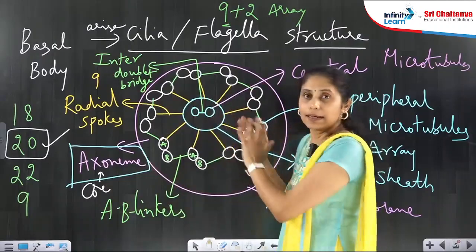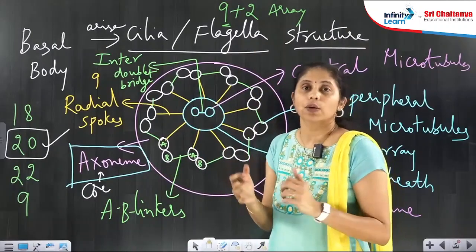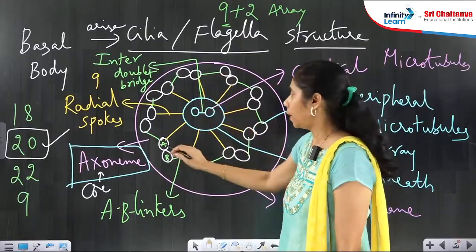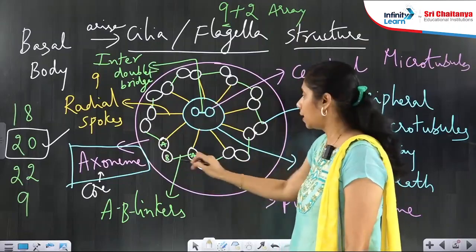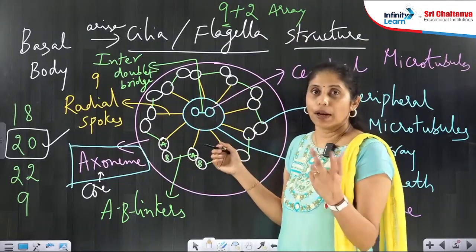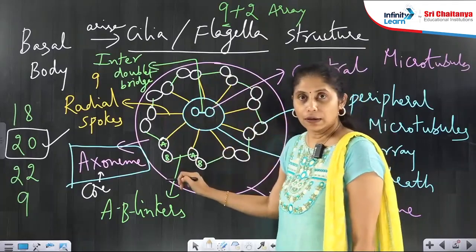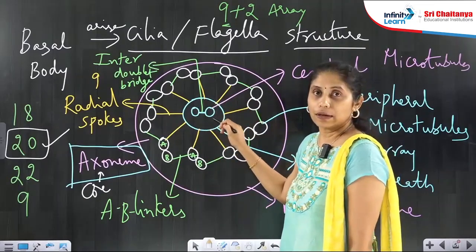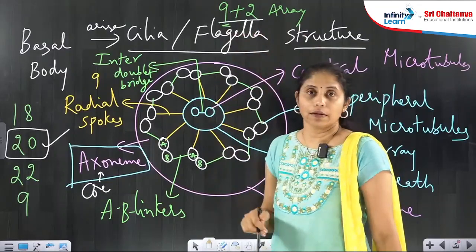So what lies inside the plasma membrane, from here to here, is the axoneme, the core of the cilium or flagella. That axoneme is made up of 9 doublets of peripheral microtubules. 9 are there, these ones are doublets, 9 into 2. So 18 peripheral microtubules are there, and in the center, 2 central microtubules are there. So this kind of arrangement is said to be a 9 plus 2 array.